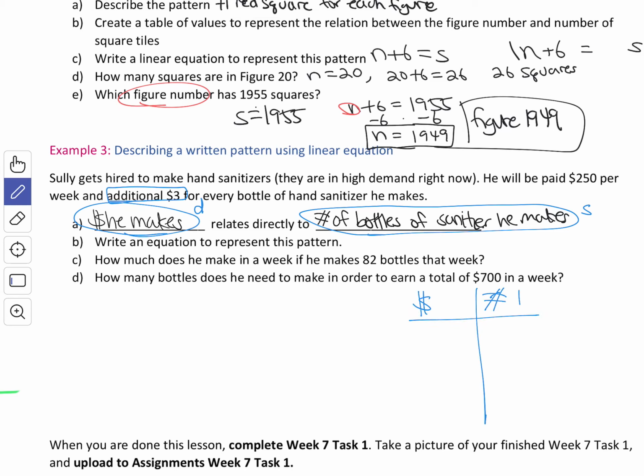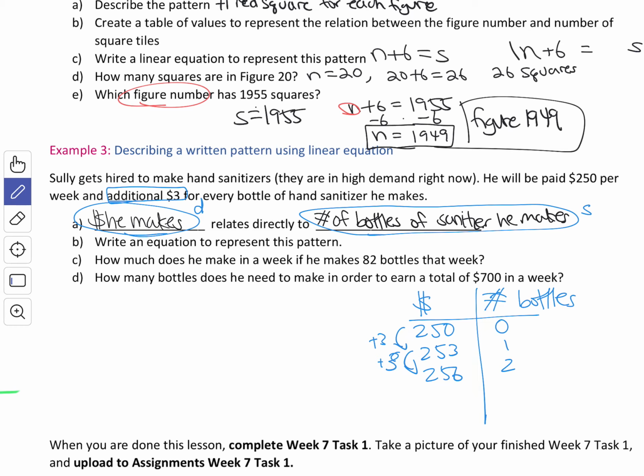Okay, if you'd like, you can make a table. Money he makes and the number of bottles. So if he makes 0 bottles, he still makes $250. If he makes 1, he makes $253. If he makes 2 bottles, he's gonna make $3 more on top of that.